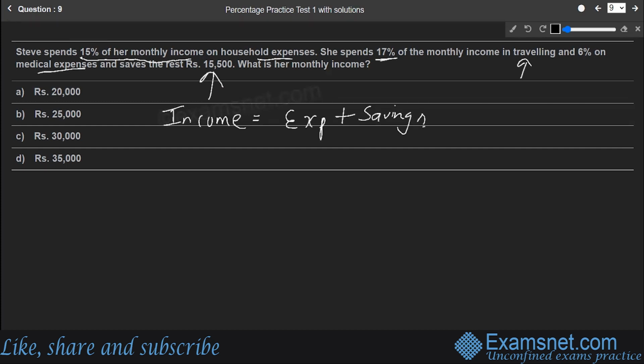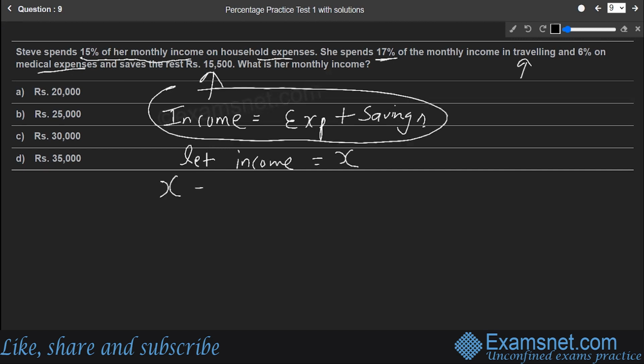In this situation also we are supposed to assume the income first, and then make an expression out of it in terms of expenditures and savings. So first and foremost, let the income of Steve be X. Let us use the above formula here. So X is equal to expenditure. Let us take the expenditures one by one.